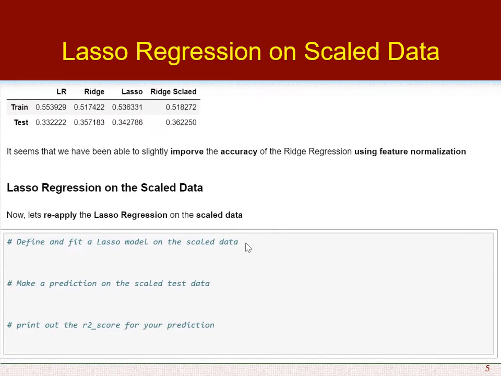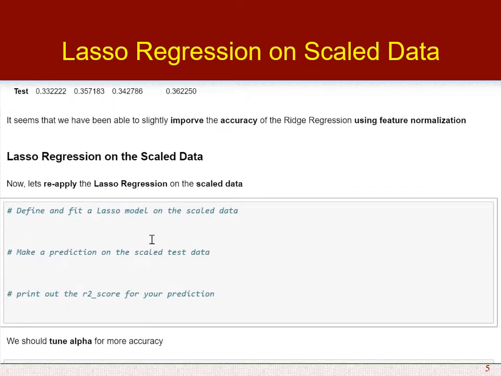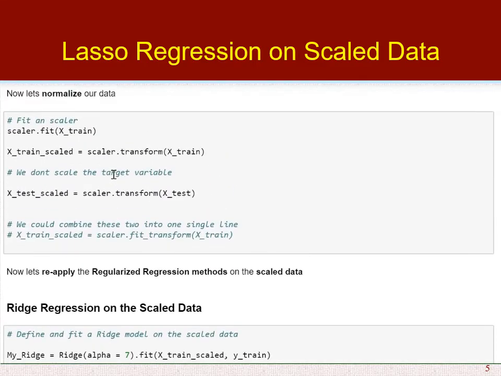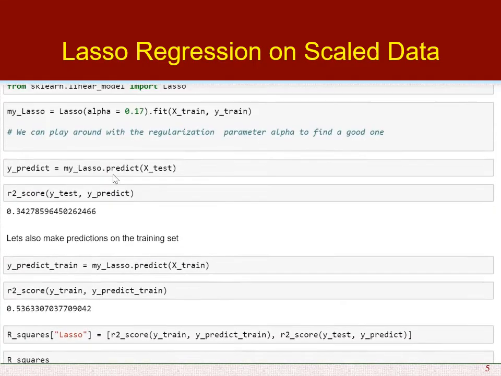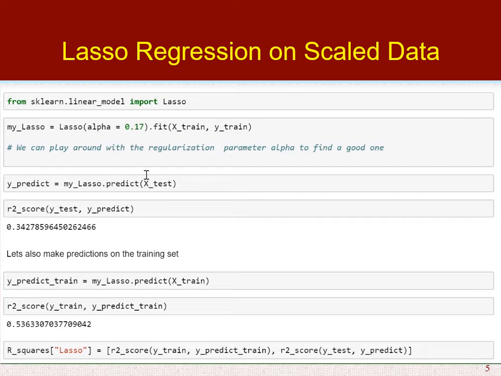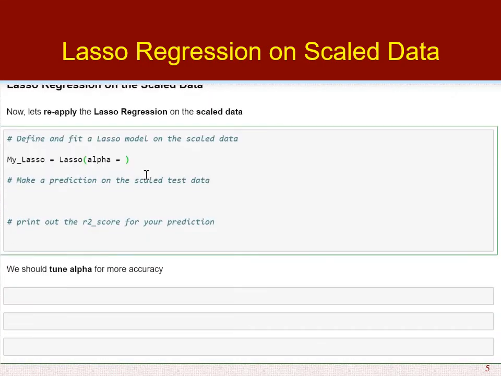Next, we want to apply a lasso regression on the scaled data. So let's do that. I'm gonna name the new lasso my lasso, and that's going to be a Lasso. And the alpha parameter, I'm going to use the same alpha that we used previously. So previously we used actually 0.7 as alpha. So I'm going to use 0.7 now.